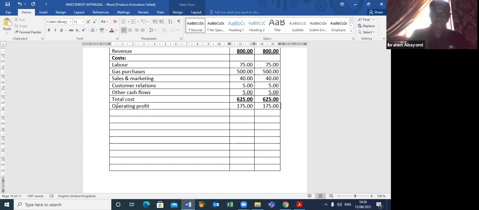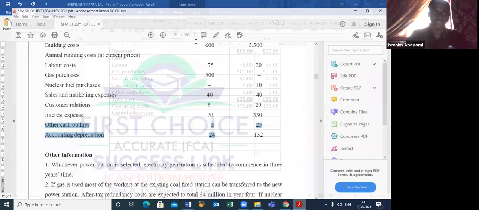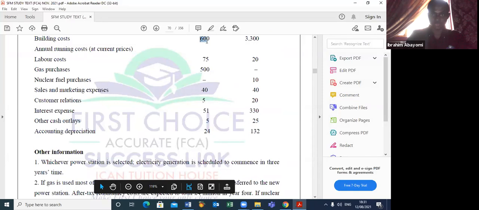Now, we need to charge capital allowance to get our taxable profit. Capital allowance, we're told, is at 10%. So 10% of what? 10% of the building cost. 10% of 600 is 60.